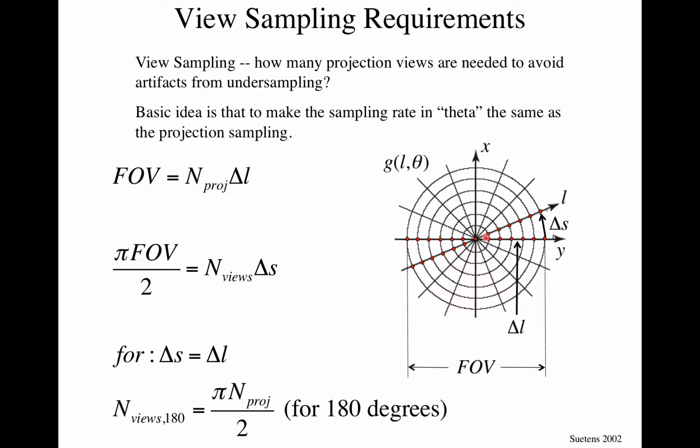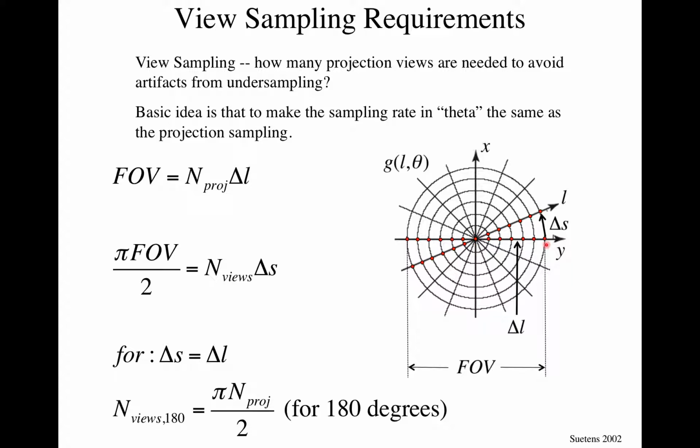Along this direction, I know precisely what my sampling rate is. The sampling period is delta L, the sampling rate is 1 over delta L. And then when I add theta and go this way, I can calculate what my sampling distance is at the extreme part of my sampling grid.